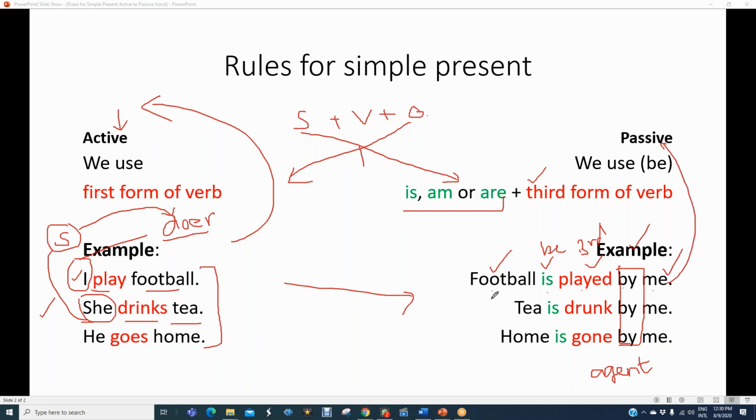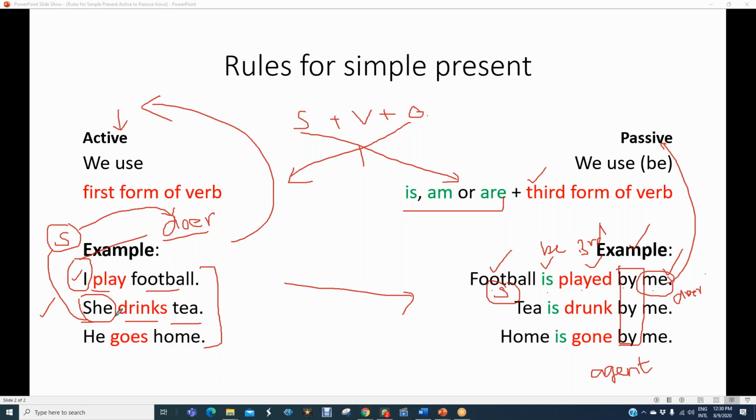Do you think football is playing here? No. Football is the subject, but football is not doing the action. Me is the object, and me is actually doing the action. When the object is doing an action, it is passive. When the subject is doing an action, it is active.